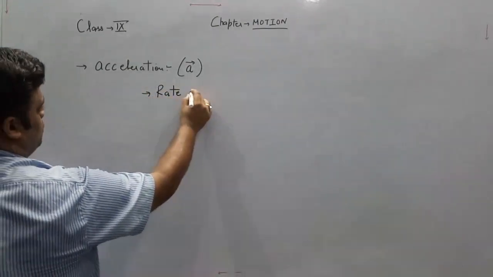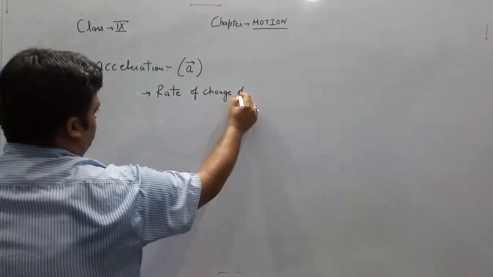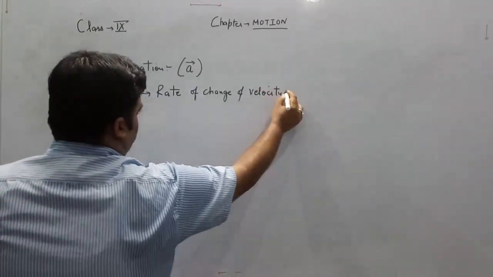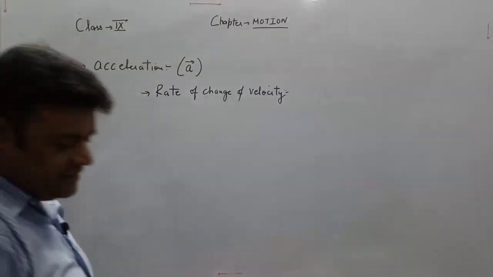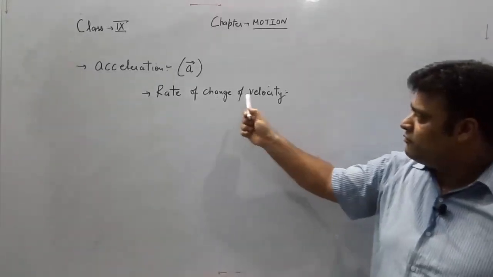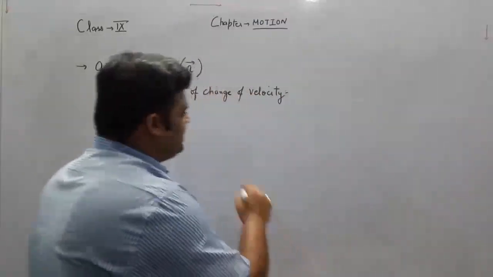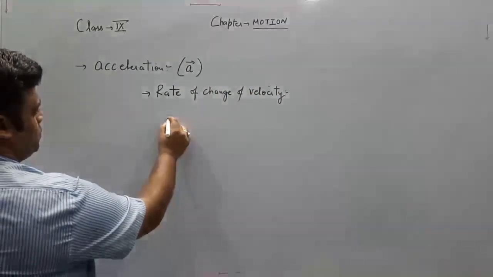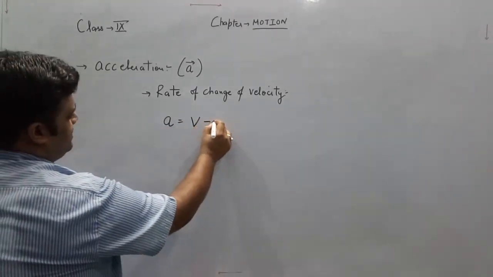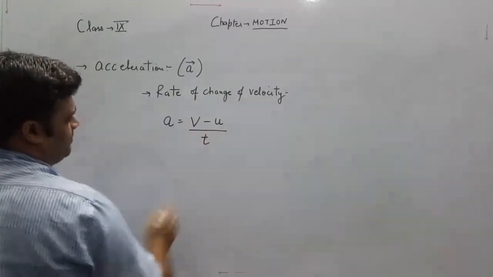Rate of change of velocity. If we represent it in terms of velocity, acceleration is equal to change in velocity, that is final velocity minus initial velocity, divided by time.